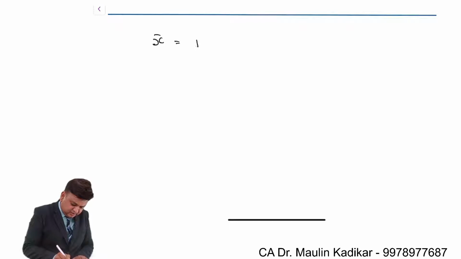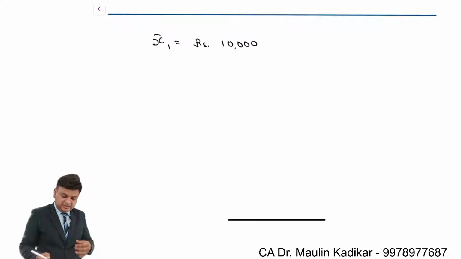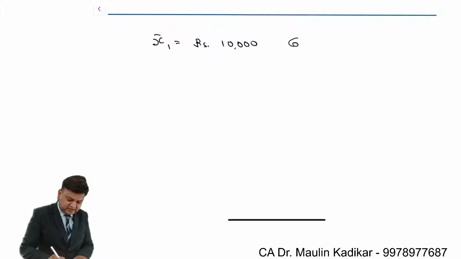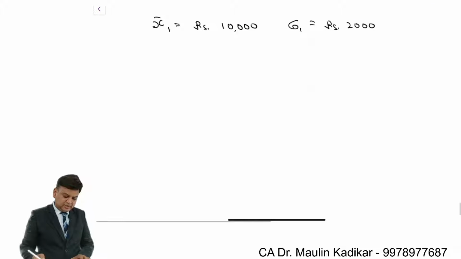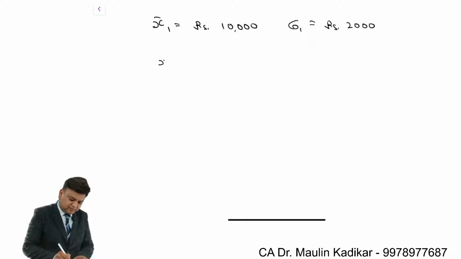Suppose the X bar, that is the mean cash flow, is rupees 10,000 at the end of the first year, and let us say that the standard deviation of that is an amount of rupees 2,000. Okay. Now I am doing one more working, X bar plus or minus 1 standard deviation.